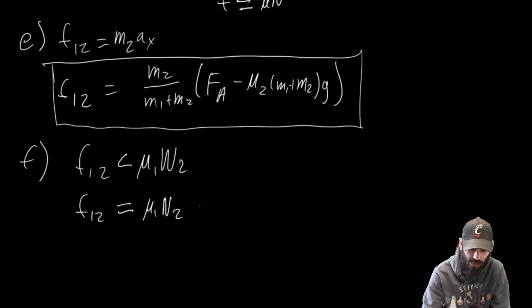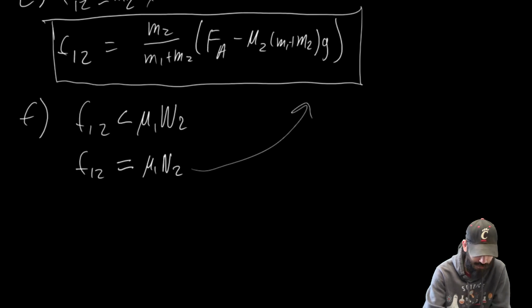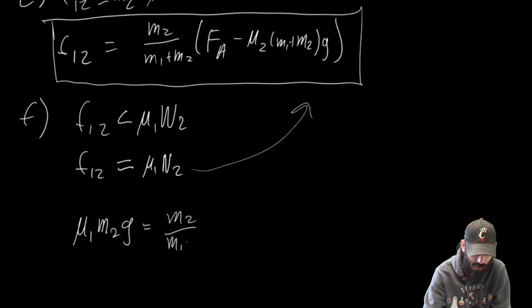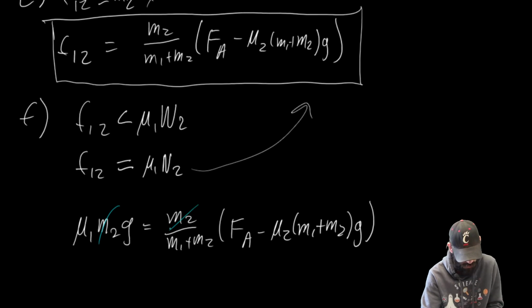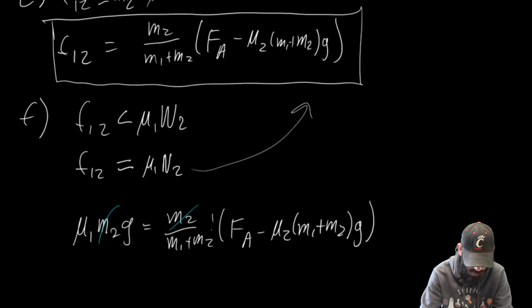And so effectively we just take this equation and plug it in there. When we do that, we see that mu1 times m2g is going to be equal to m2 over (m1 plus m2) times (Fa minus mu2 (m1 plus m2) g). Then we can rearrange this if we wanted, so we can cancel our m2, and I'm going to bring a 1 over g over here.